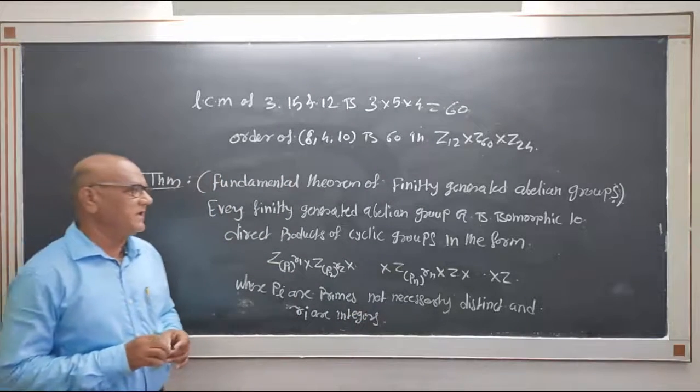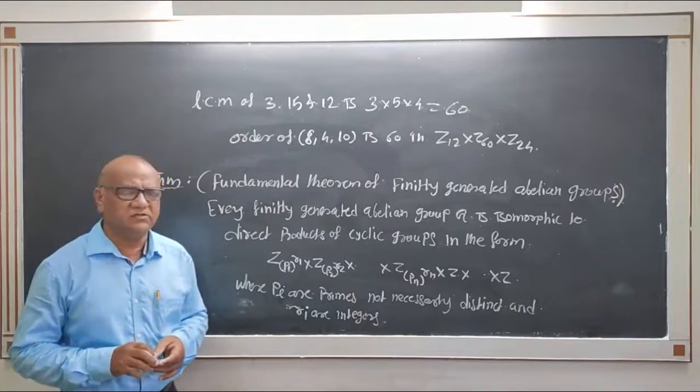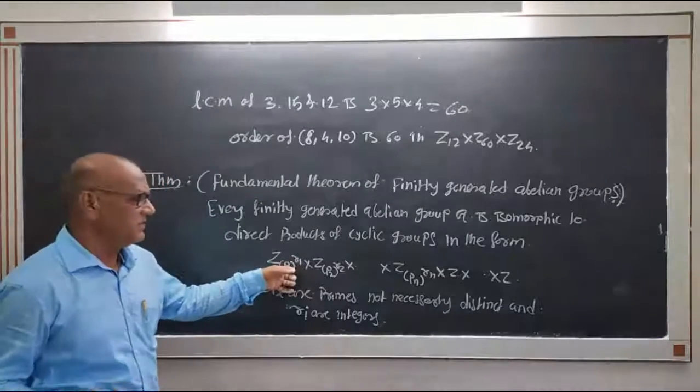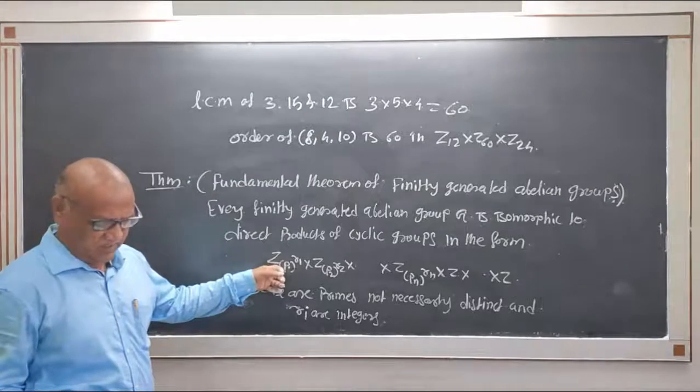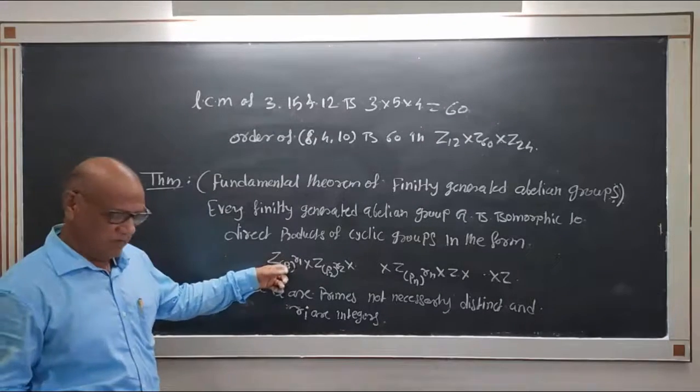Every finitely generated abelian group G is isomorphic to a direct product of cyclic groups of this form.